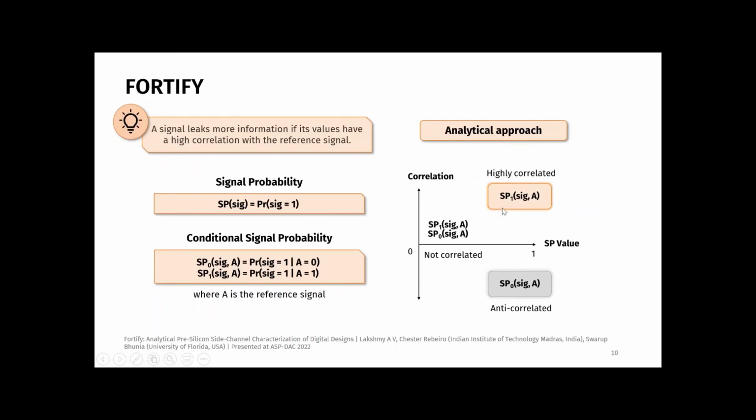So from this figure, intuitively, we can understand that if the relative difference between these conditional signal probability values is larger, then there is a higher correlation between the signal and the reference signal, which indicates a higher side channel leakage. So this is the key idea based on which Fortify is developed.